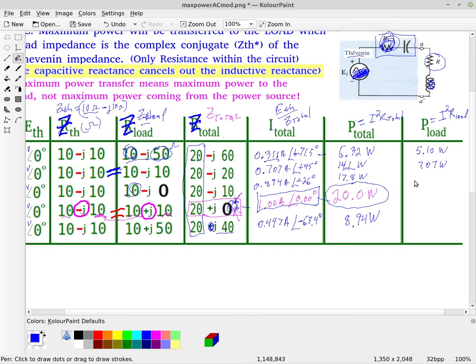And if we look at the third case, it turns out to be exactly 8 watts. And now if we look at the case where our reactances were canceled, our wattage jumps all the way up to 14.1 watts. So 14.1 watts is being used here at the load.